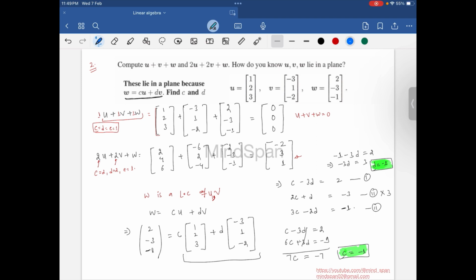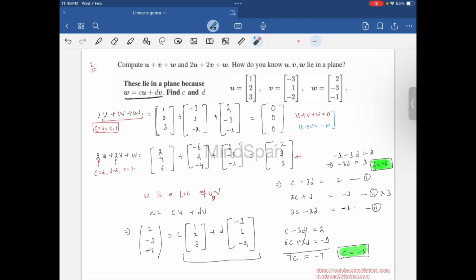So from here what we can write is u plus v is equals to minus times of w. What it is telling you is that w is nothing but minus times of u plus v.